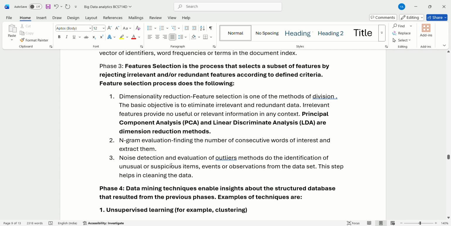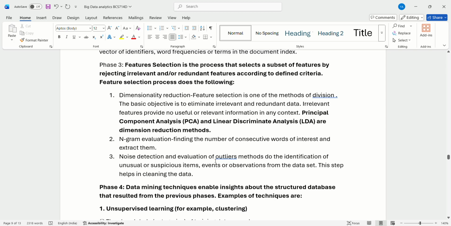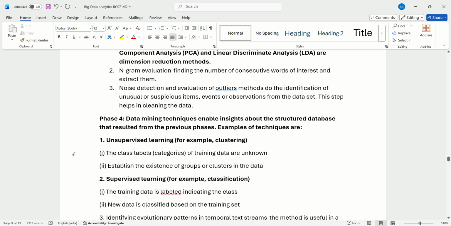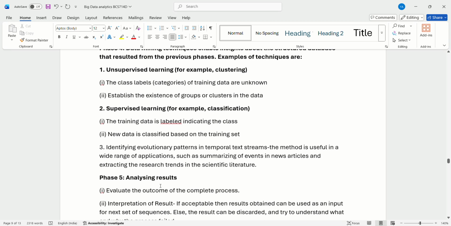Noise detection and evaluation of the given data is the next step followed in it. Data mining techniques enable the insights about the structured data that results from the previous phases. Examples are unsupervised learning, supervised learning, and identifying the evolutionary patterns in the temporal text streaming. And the method is useful in a wide range of applications.